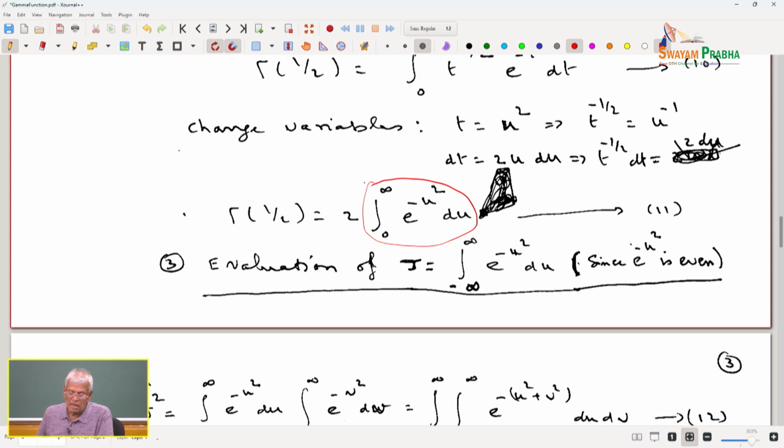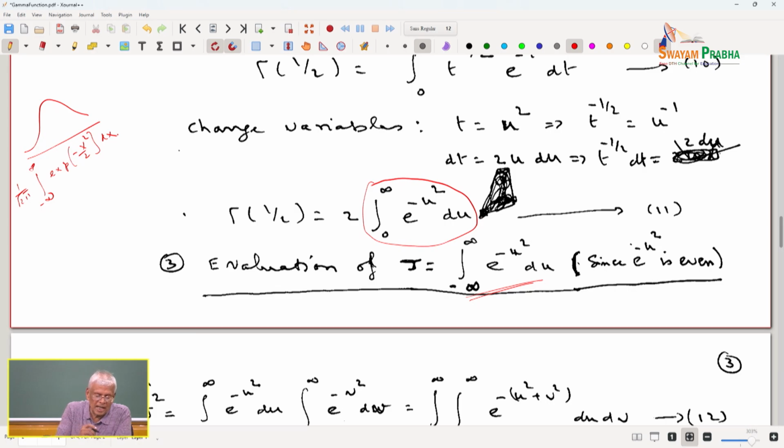So, I would like to be able to compute j, which is the integral minus infinity to plus infinity e to the power of minus u square du. Now, please understand, if I have a Gaussian distribution, the integral is minus infinity to plus infinity 1 over square root of 2 pi exponential minus x square by 2 dx.